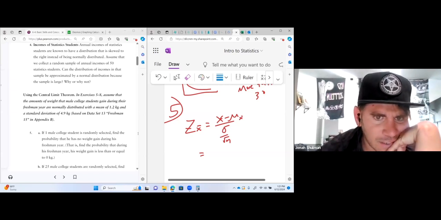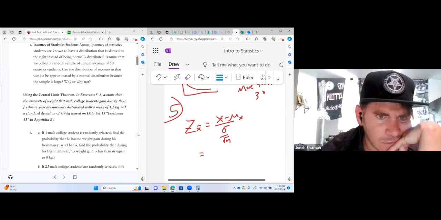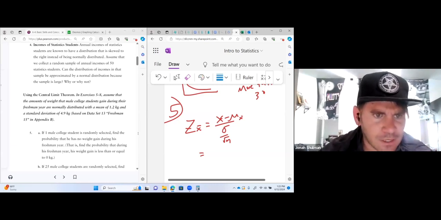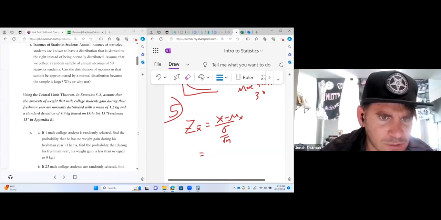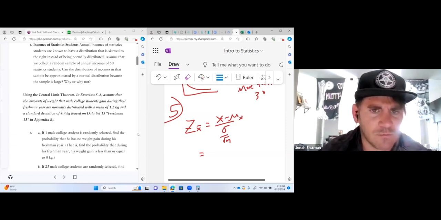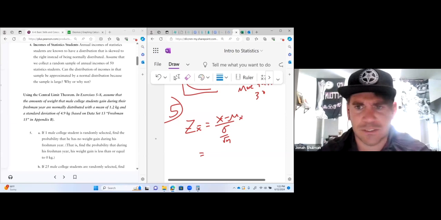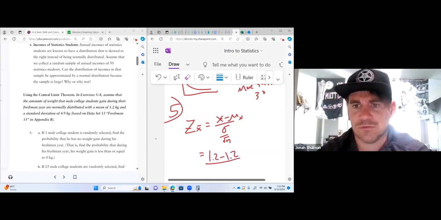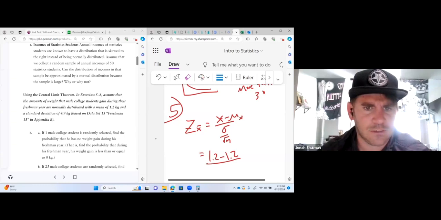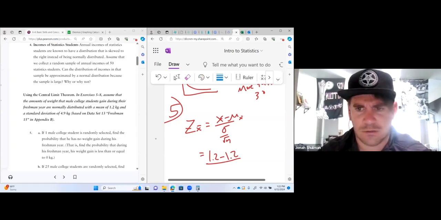These two aren't going to change. So the male college student during their freshman year is distributed with a mean of 1.2. Okay, so basically, I believe it's 1.2 minus 1.2 over the standard deviation, which is going to be 4.9.